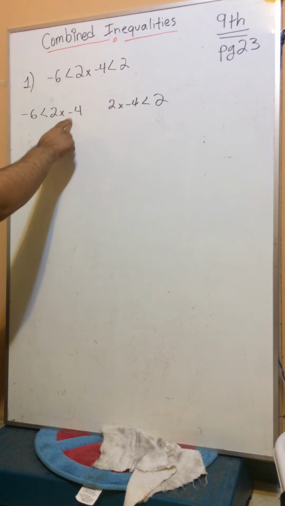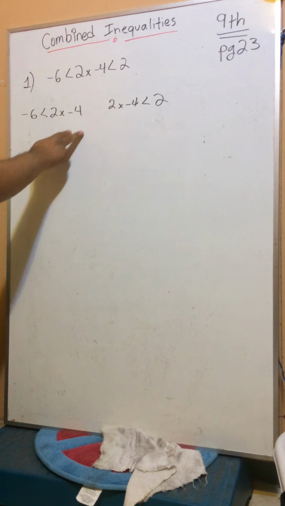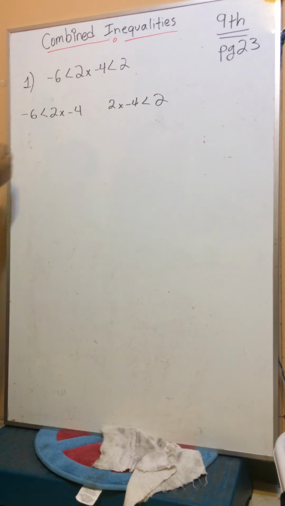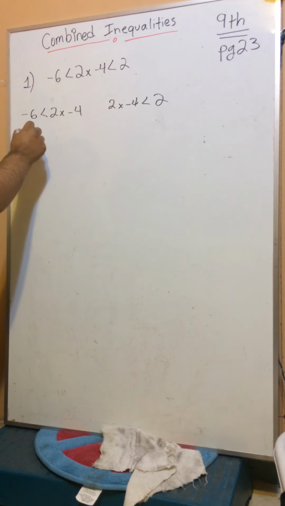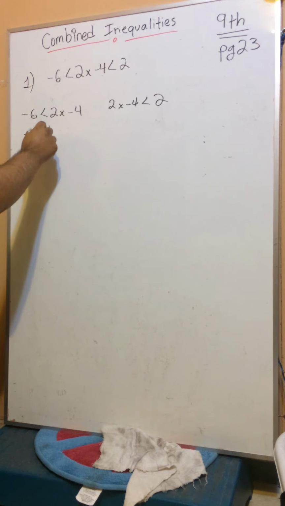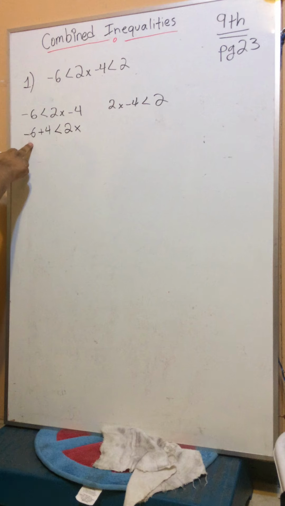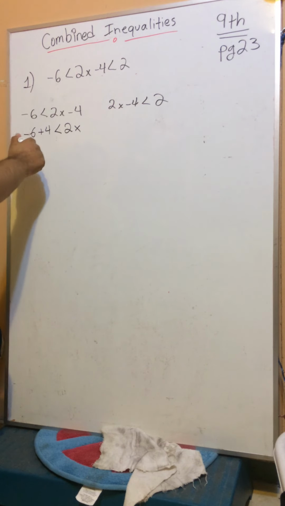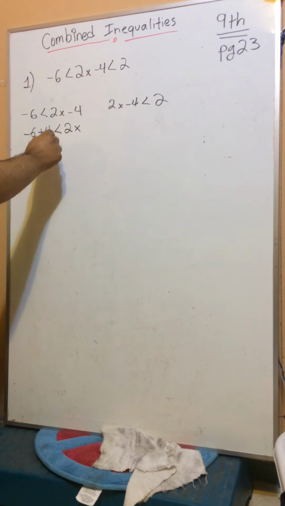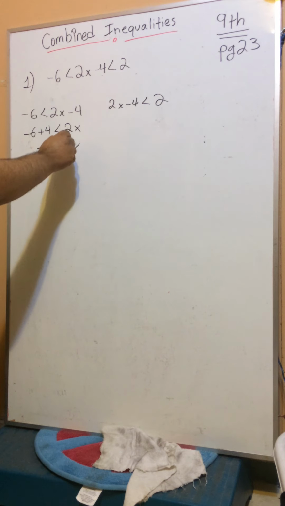This negative 4 is negative on this side, so we're going to move it over as positive. So we have minus 6 plus 4 is less than 2x. Minus 6 plus 4 is minus 2, less than 2x.